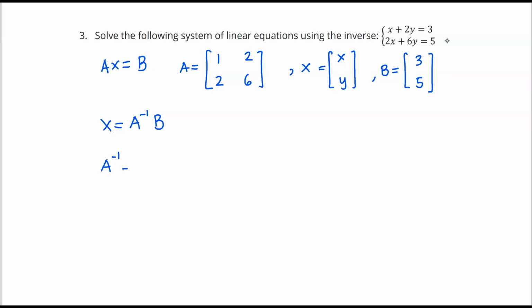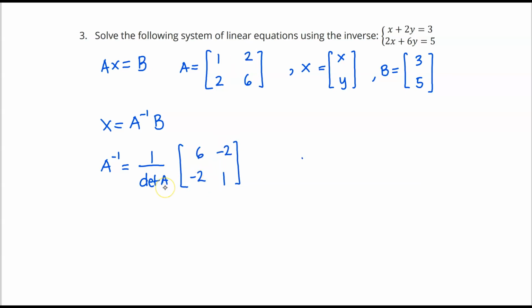A inverse, or the inverse of matrix A, is just equal to 1 over the determinant of A times the matrix formed by interchanging the diagonal entries here and then negating the entries here. So we have -2, -2.